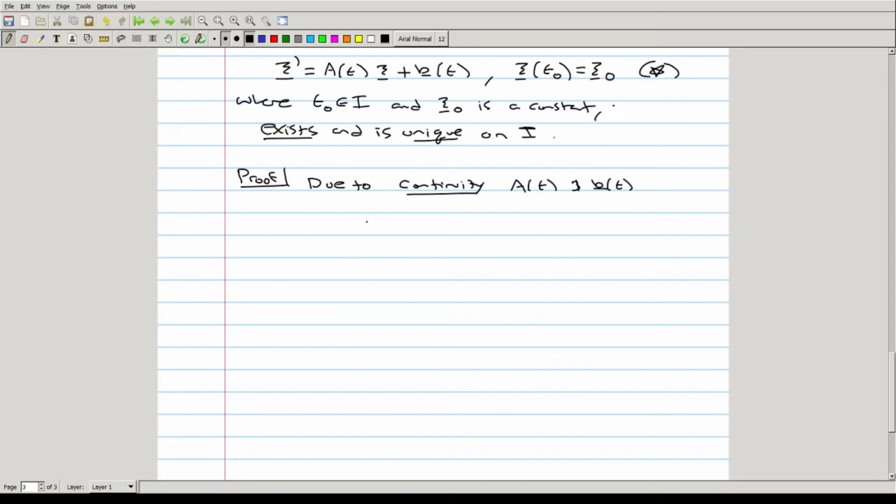This is simply because if you take the partial derivative of g with respect to any of the variables xi, this will be a continuous function.